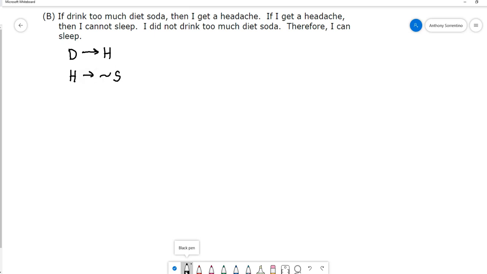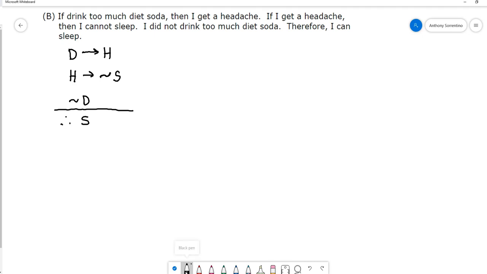So I'm going to say not S. The third thing that's being assumed as true, I did not drink too much diet soda, so not D. Therefore, I can sleep. So these are the statements being made. I'm assuming the first three to be true. I want to see if the first three being true makes the fourth one true automatically.